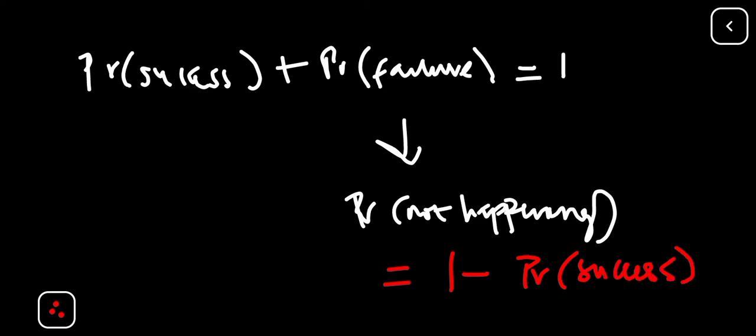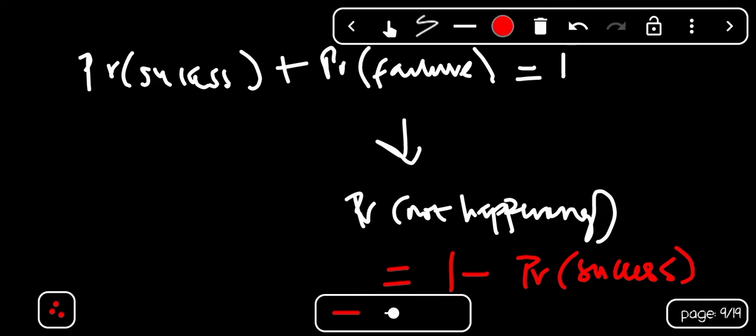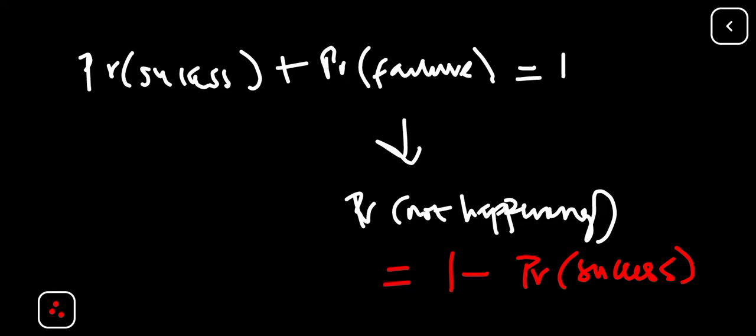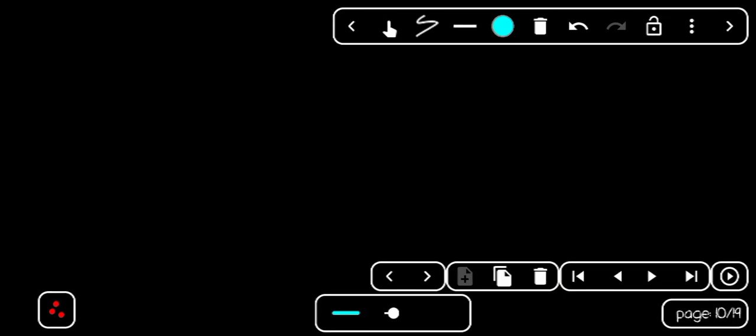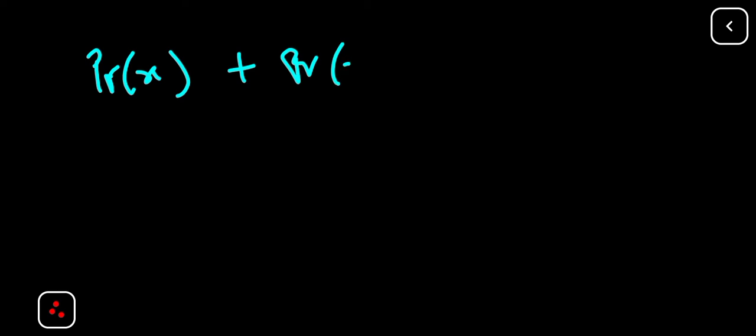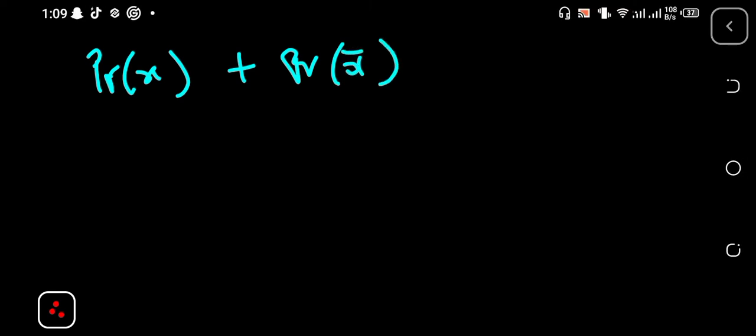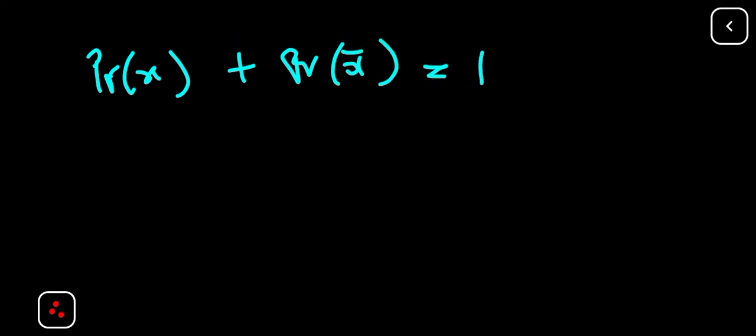Sometimes it is represented like this. Let's say this is called the probability of success, that is, probability of x, plus the probability of failure, which has a bar on top, equal to 1.